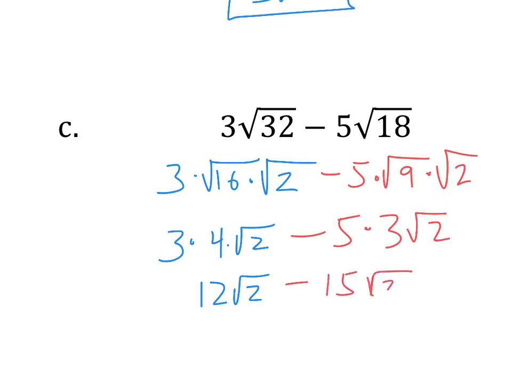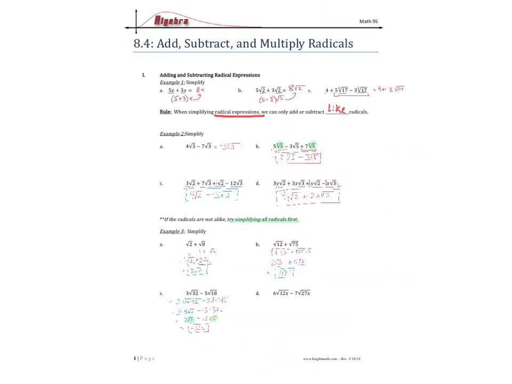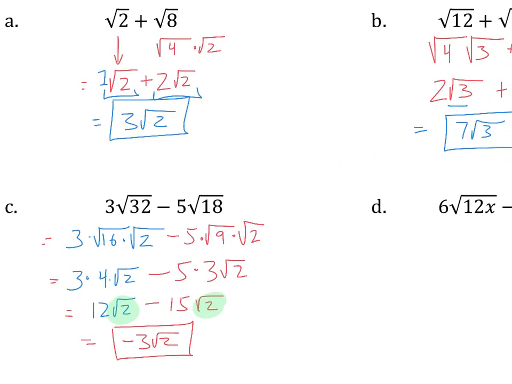And we notice that we're just left with the square root of 2. So we have 12 square roots of 2 minus 15 square roots of 2. So this equals negative 3 square roots of 2. Again, the square root of 2 is our constant there. And that's how we simplify that.